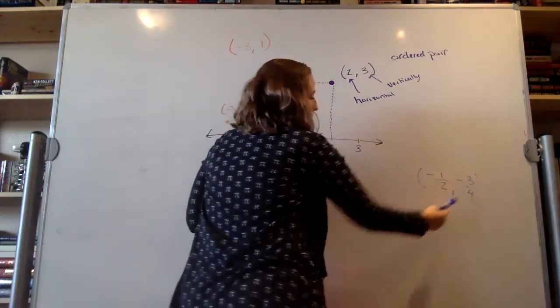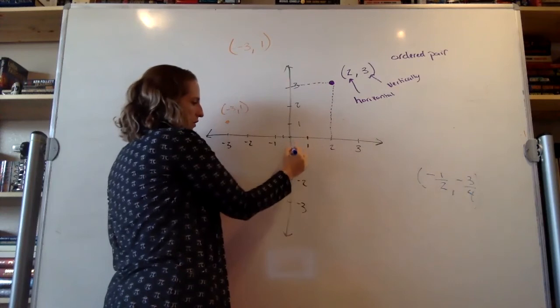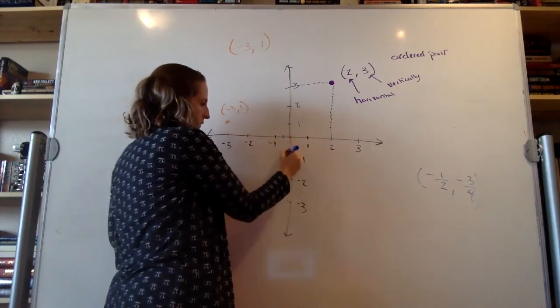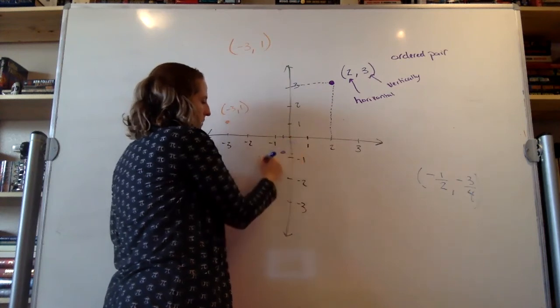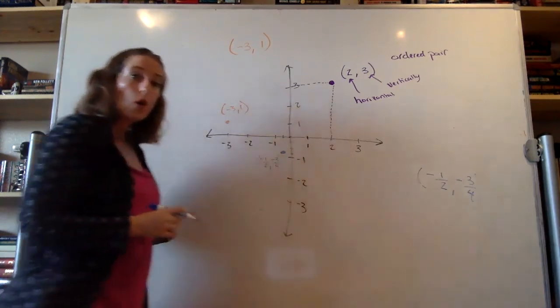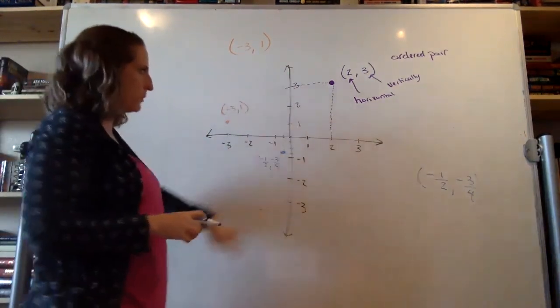And down 3/4. Well, 3/4, right? Here's 1/4, 2/4, 3/4. And then my point would be at the intersection of those two. So here would be the point -1/2, -3/4. Ordered pairs allow us to place points in this two-dimensional space.